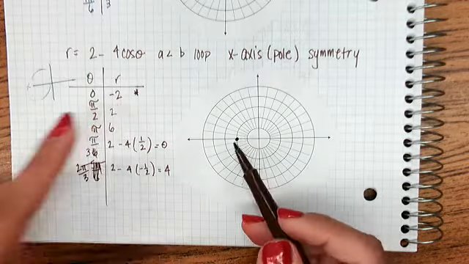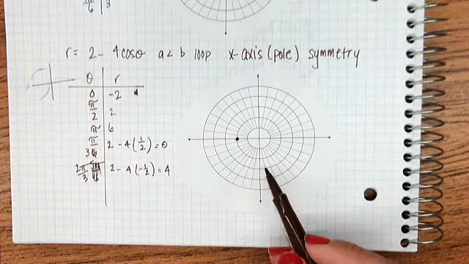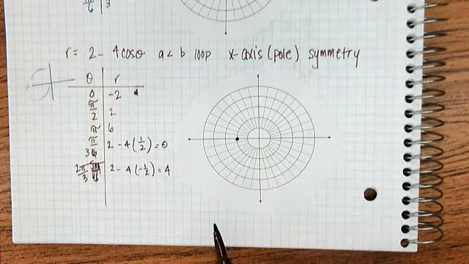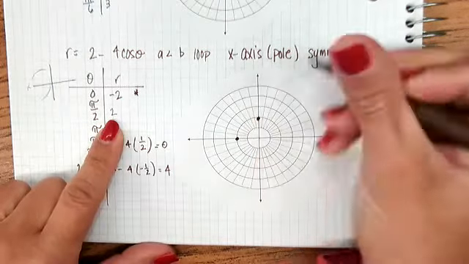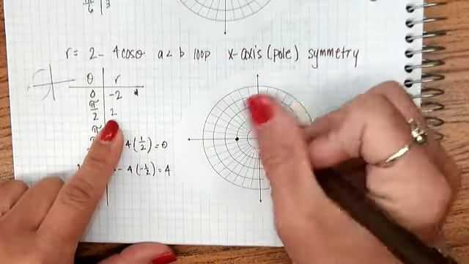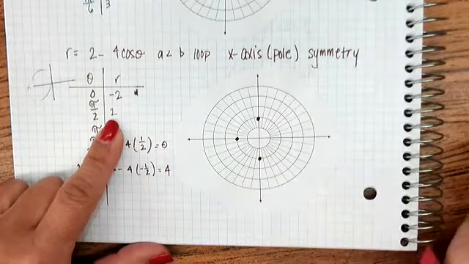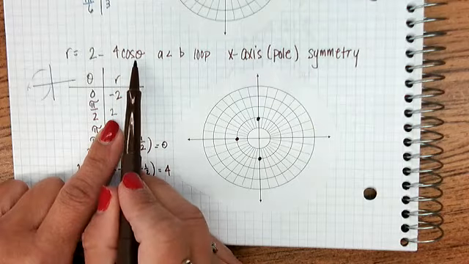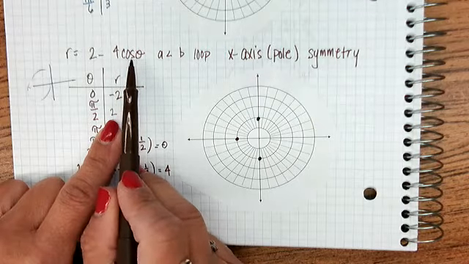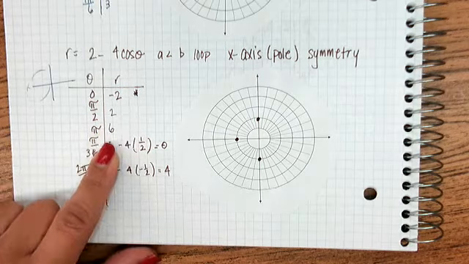It's going to be very hard for you not to put it on the negative y-axis. Pi over 2, 2. X-axis symmetry, I'm going to reflect that right over, 3 pi over 2, 2. And if you don't believe me, the cosine of 3 pi over 2 is 0. 4 times 0 is 0. 2 minus 0 is actually 2.